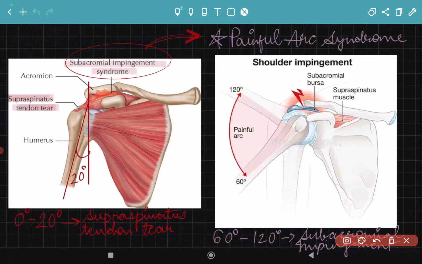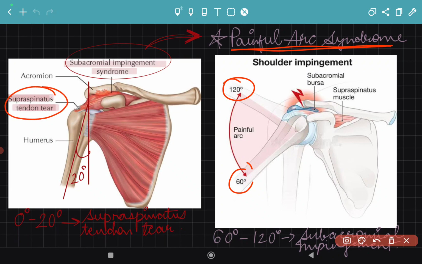So now let's try to distinguish between the painful arc syndrome, or the painful arc between the range 60 to 120 degrees, and the other thing, which is the supraspinatus tendon tear. How do we come to a conclusion? That is by testing the range from 0 to 20 degrees.